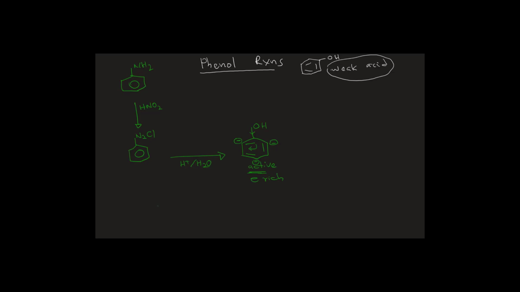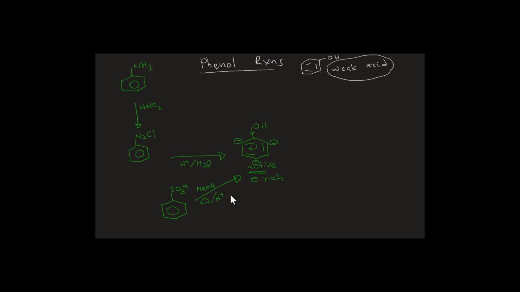Another method to get phenol is from benzene sulfonic acid: you warm with sodium hydroxide and then you remove the sulfur dioxide, so then you get the phenol.